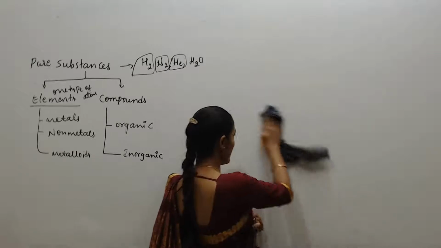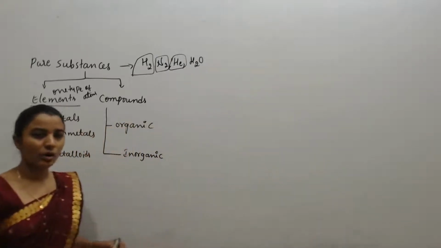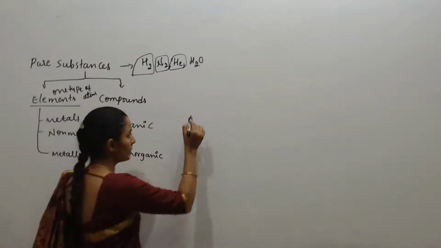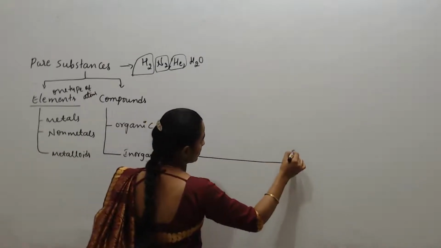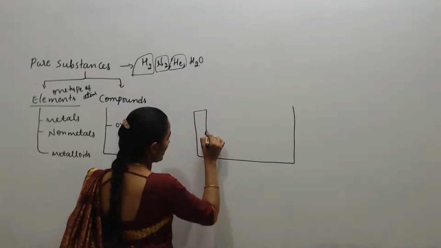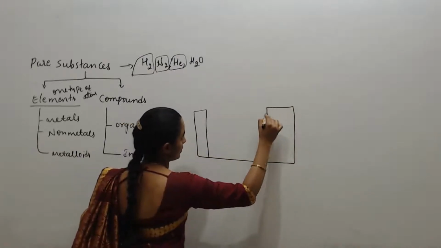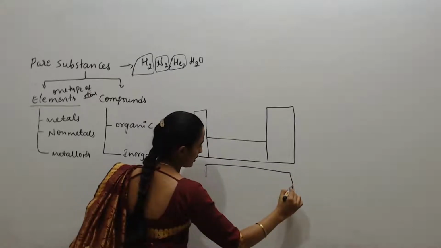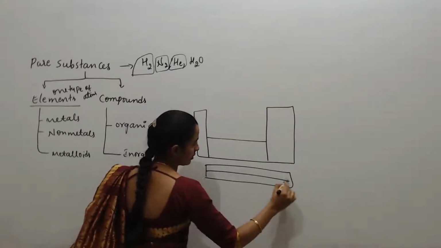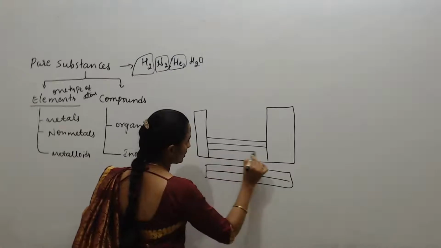Okay. So in the periodic table I will say, I thought you are well known about the periodic table. This is S block, this is P block, this is D block, and this is F block. Representation of what?